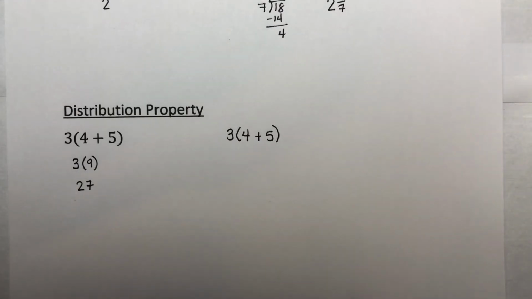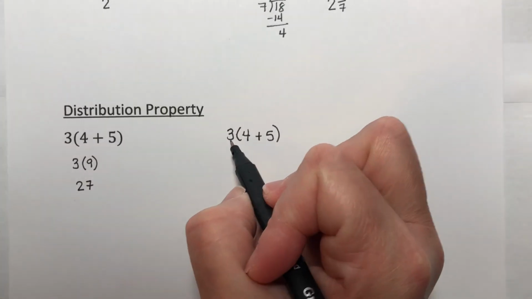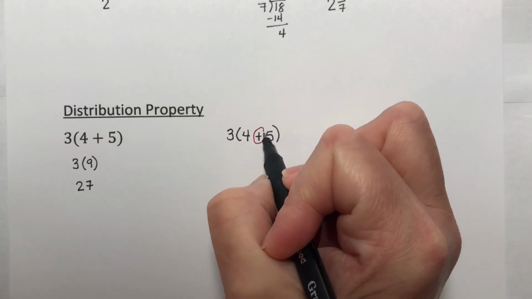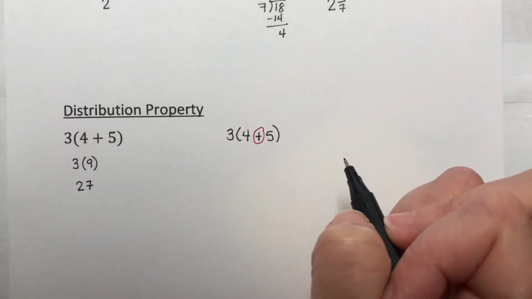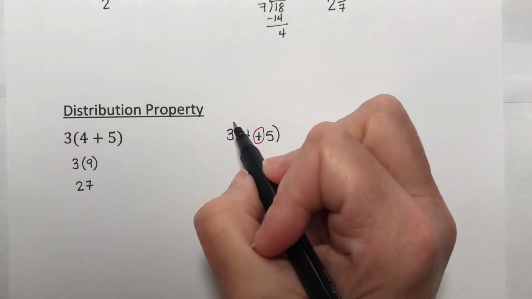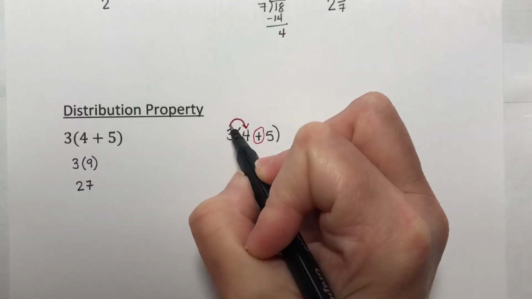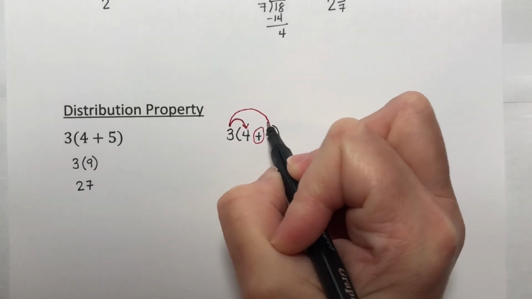A lot of teachers call this the rainbow property. And what we do is we take the number that's on the outside, the multiplier, and this works when we have an addition or a subtraction inside the parentheses only. I'm going to take this value and multiply it here. And I'm going to take this value and multiply it here as well.